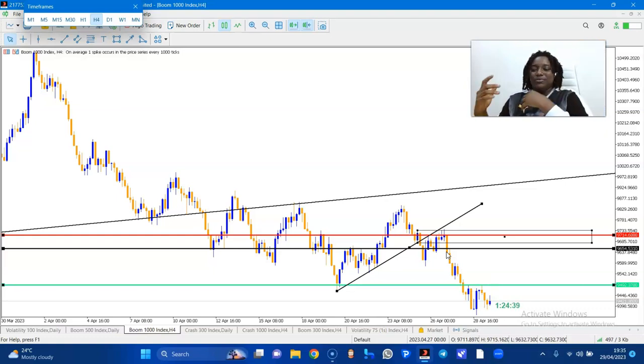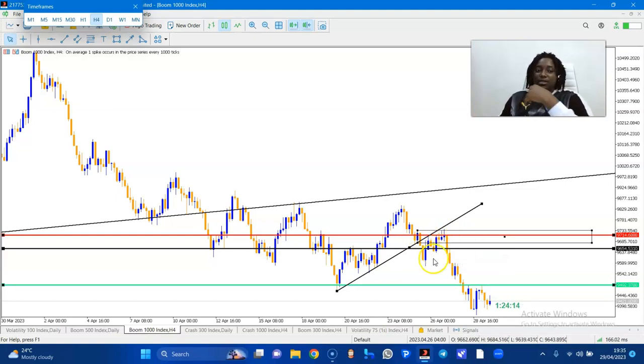So I try to be very considerate when I'm analyzing the market, so that I am taking my entry from a point where there will be little or no drawdown, right? So everyone is happy, everyone takes a trade and makes money. I mean, it's not 100% all the time, but my win rate is super, super high. And when people take the trade, they're really excited that they've made money. So yeah, that was what happened in the Boom 1000.